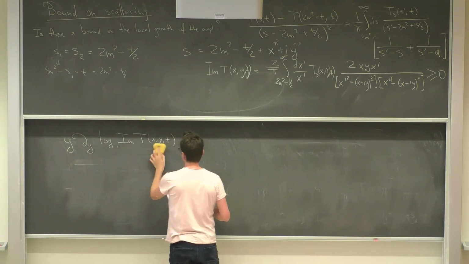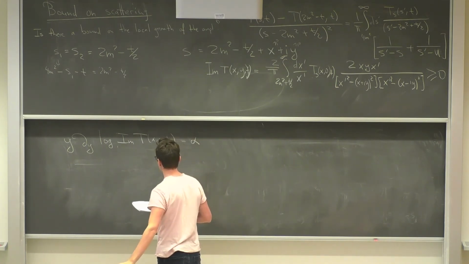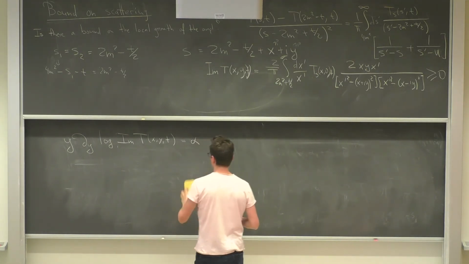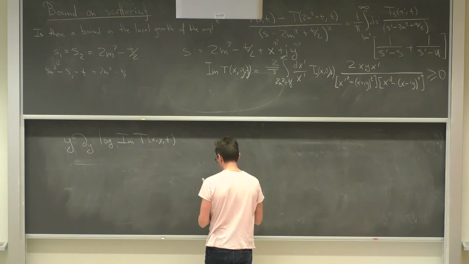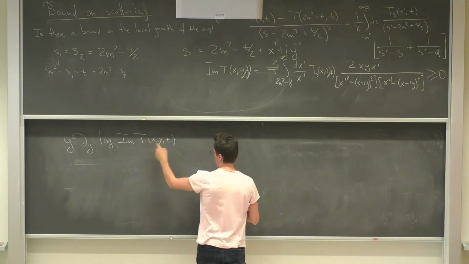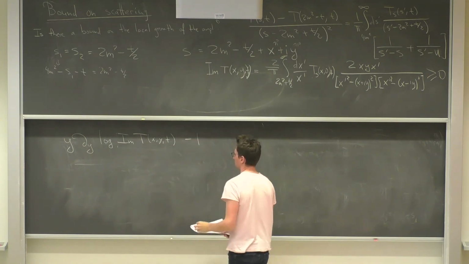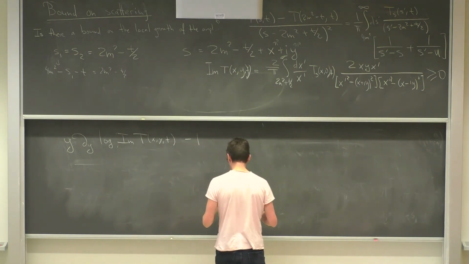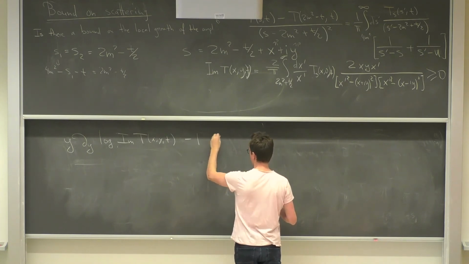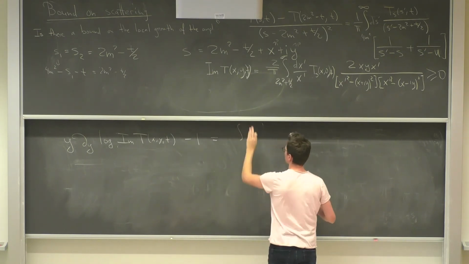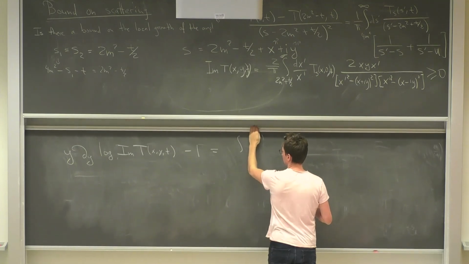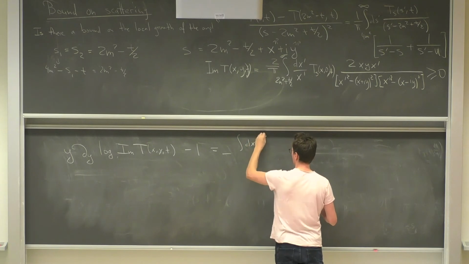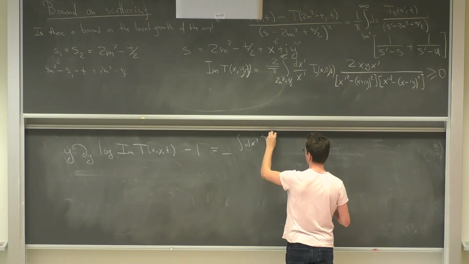So now let's compute this object using that formula. And with some hindsight, let me consider this object minus 1. It just happens to be the case that if you compute this object, it is equal to minus dx prime ts, which is non-negative.